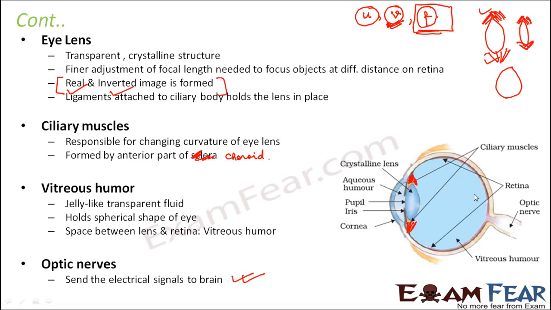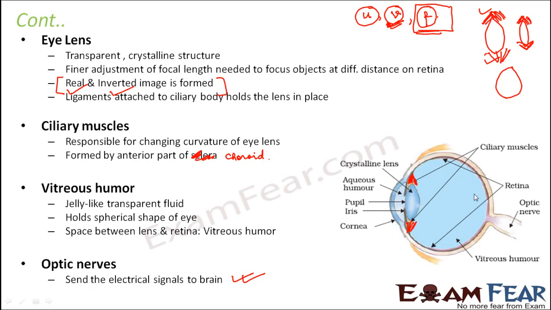It then reaches the visual perception region of the brain where the image is interpreted, and an erect image is actually seen by the person, and then the person also understands what he is seeing because the interpretation is done by the brain.